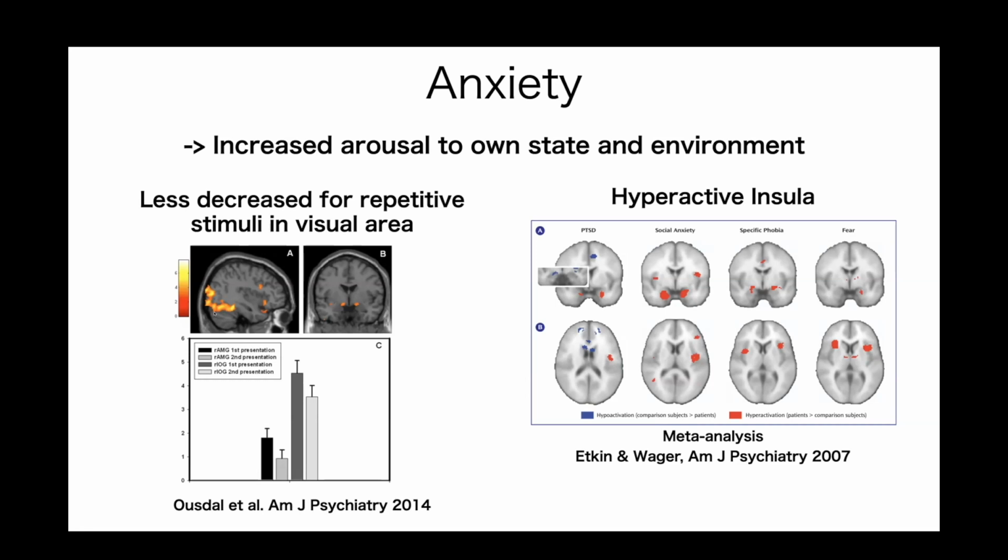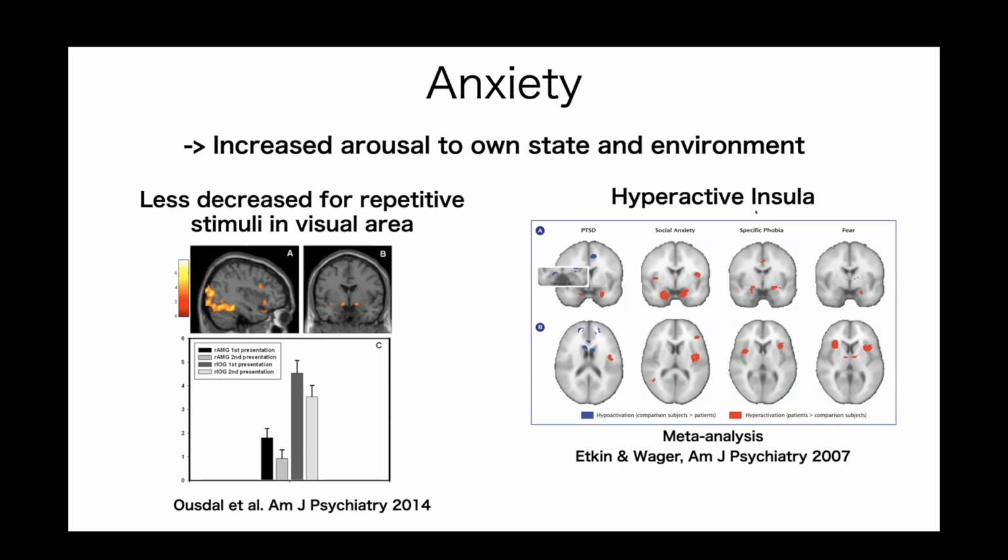It's called repetition suppression. But in anxious people, it does not tend to occur. So there might be something different in visual experiences or processing related to anxiety.